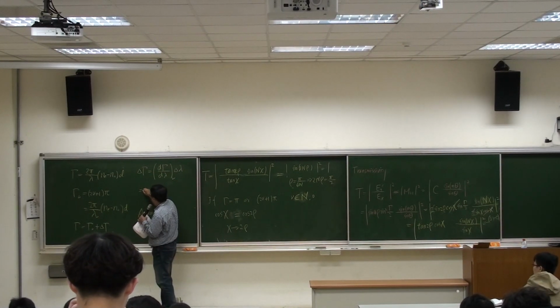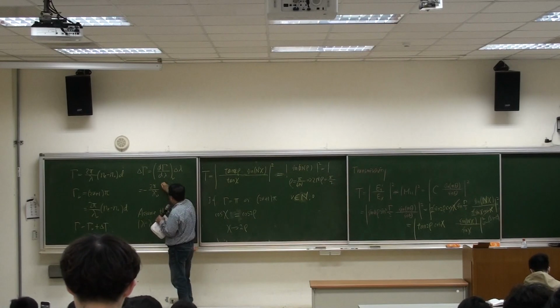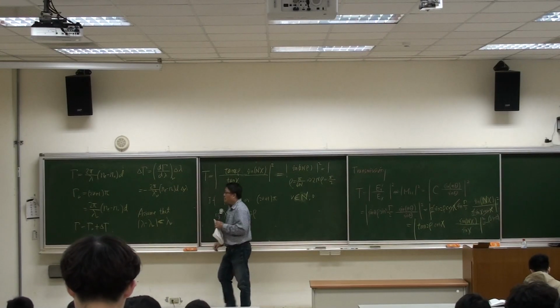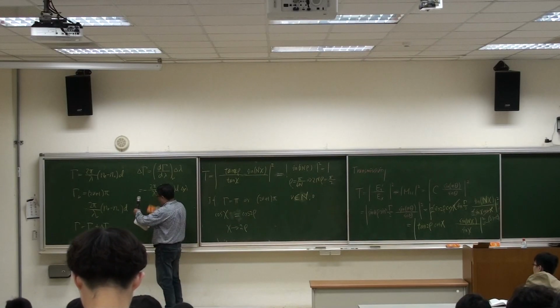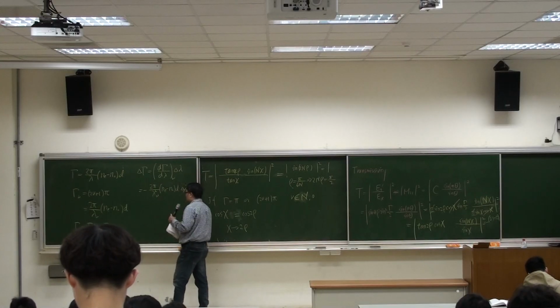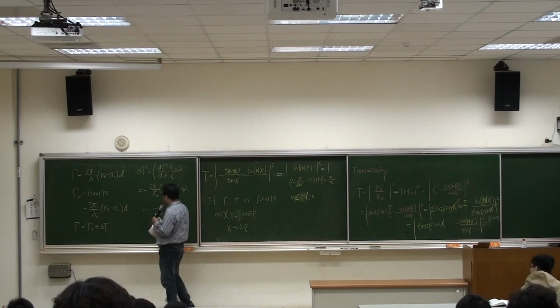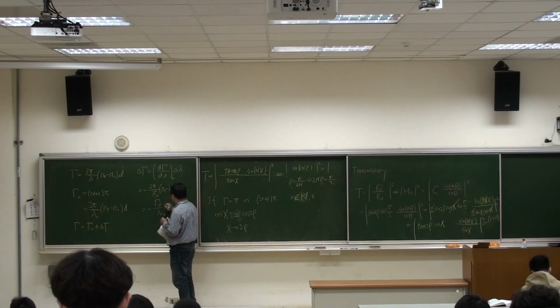So we have minus 2 pi over lambda nu squared times n e minus n o times d times delta lambda. And this can be written as minus 1 over lambda nu times gamma nu times delta lambda.